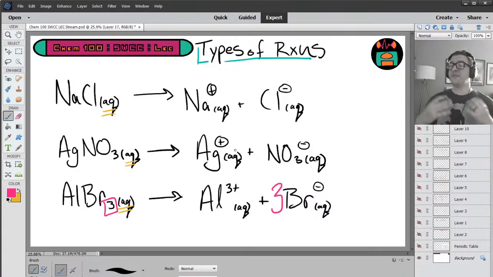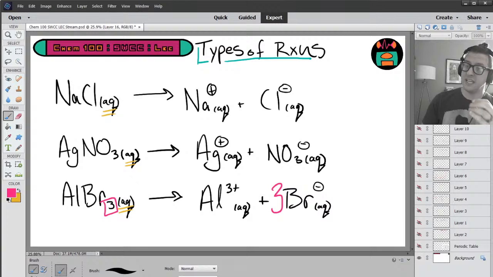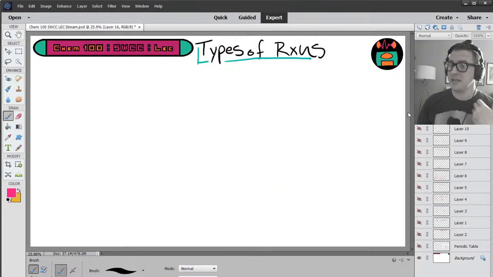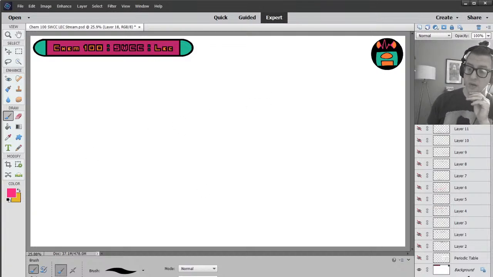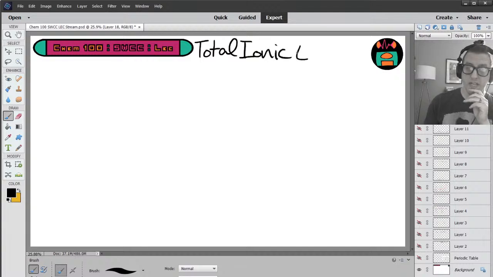All right, this phenomenon of soluble ionic compounds separating when dissolved in water in solution leads us to a special way in which we can write chemical equations known as total ionic equations.